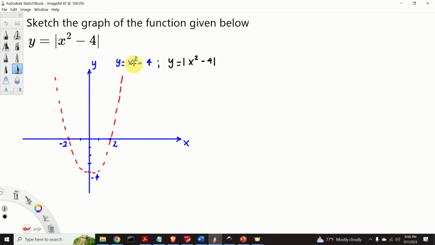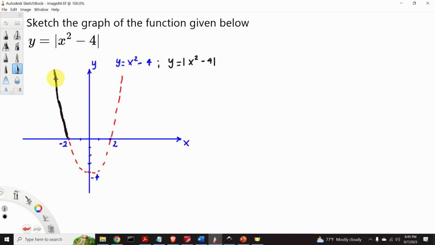We need to apply the absolute value to the function y is equal to x squared minus 4. When this function x squared minus 4 is positive, absolute value is not doing anything. That is, it just returns the values of the function. Consequently, our absolute value function will look like this when our function x squared minus 4 is positive.